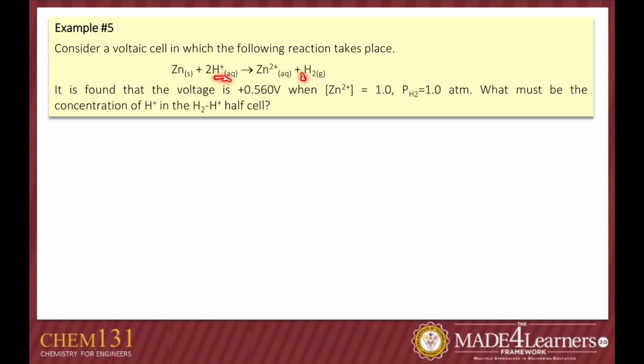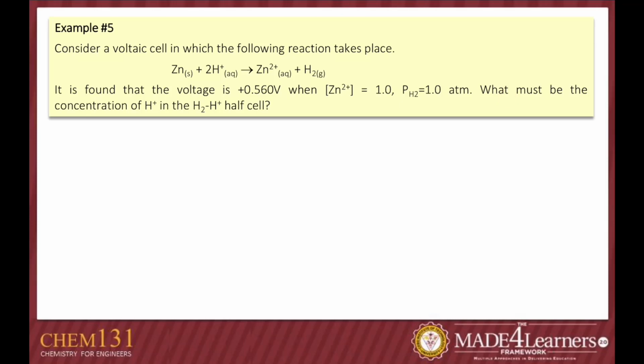It is found that the voltage of the cell is 0.56 volts when the concentration of the zinc ion is 1 molar, with a capital M to represent the concentration, and the pressure of the hydrogen gas is 1 atmosphere. So we are looking for the concentration of the hydrogen ion in the given voltaic cell.